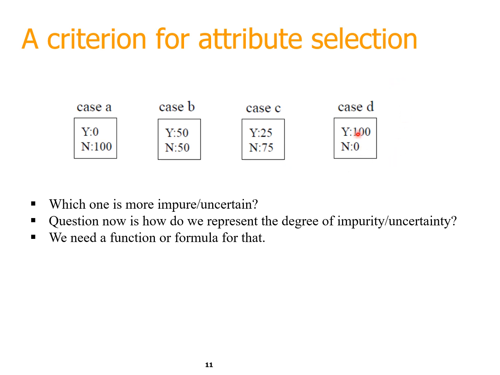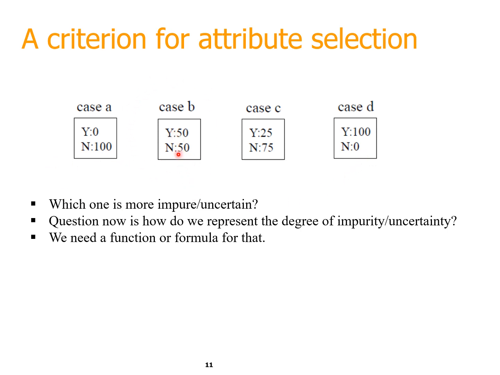So for these two, the function returns a very small value. Here, we have 50 yes, 50 no. So a function which computes the degree of impurity should return a very high value for this case.